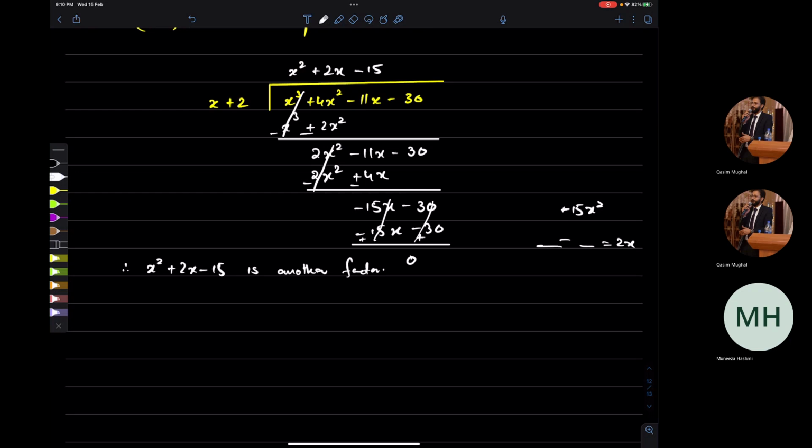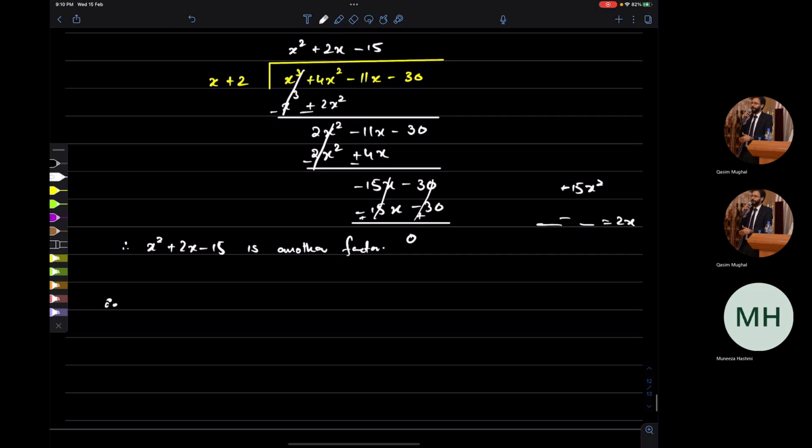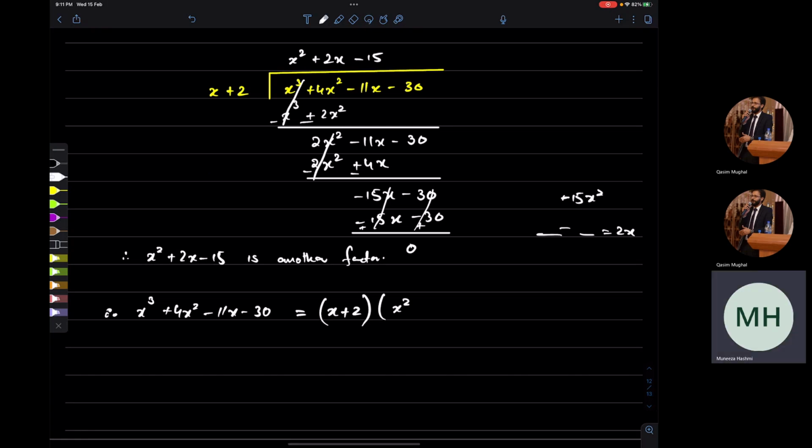I don't think there is any such number. So this cannot be factorized. Therefore, x cubed plus 4x squared minus 11x minus 30 has two factors: x plus 2, which is a linear one, and x squared plus 2x minus 15, which is a quadratic one. Got it?